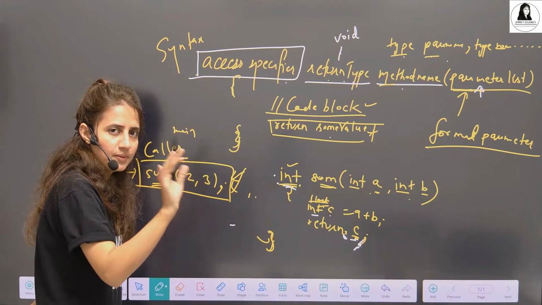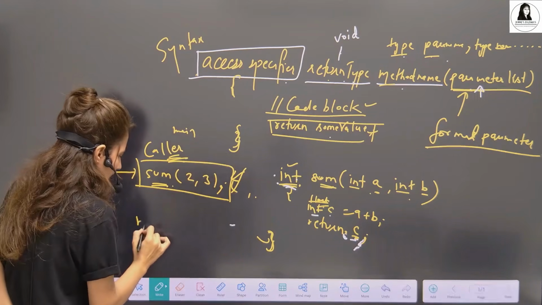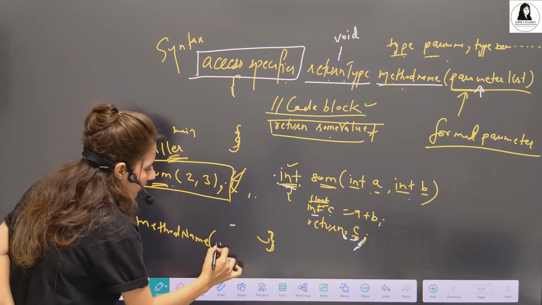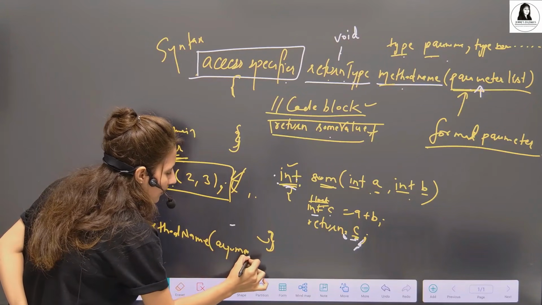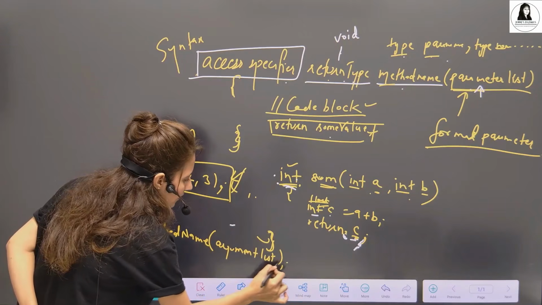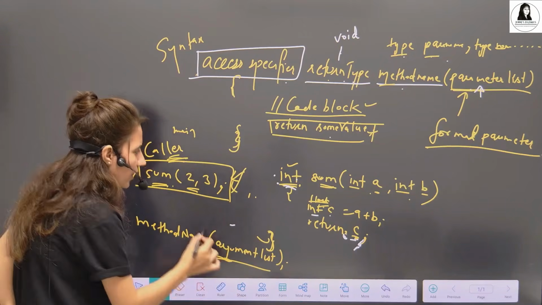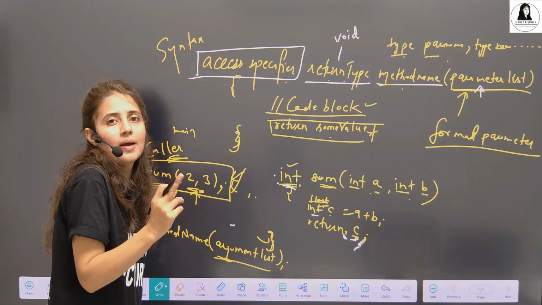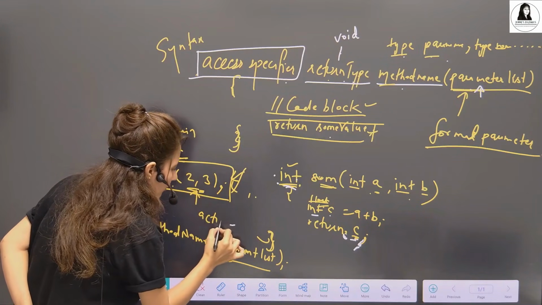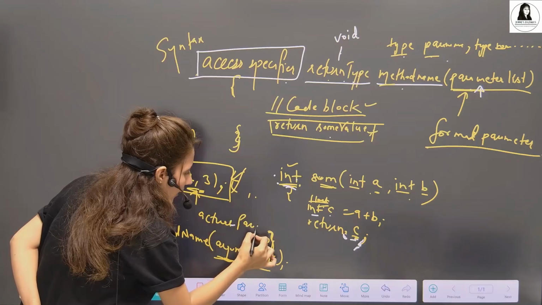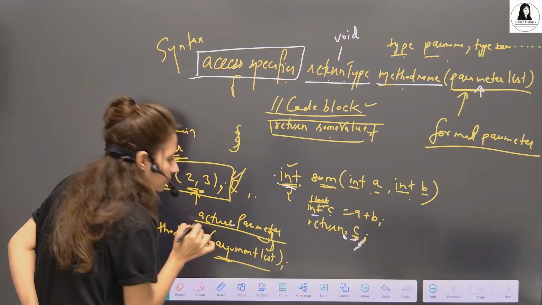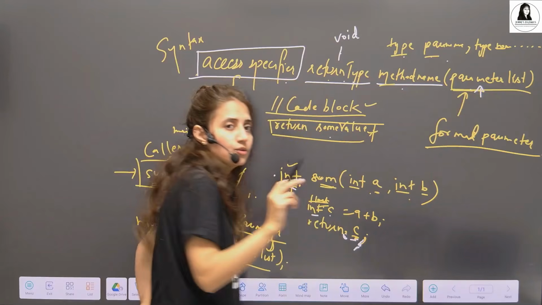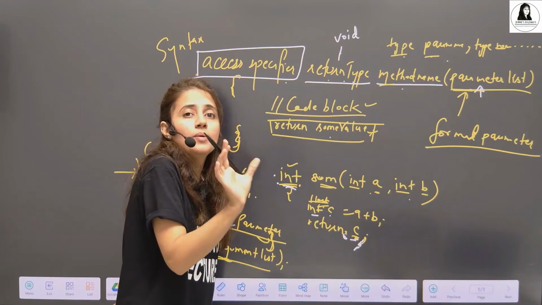Okay, so the calling syntax is, if you want to write it, the method name, then in brackets the argument list. These are known as arguments, or actual parameters. Whatever you pass at the time of calling is known as either arguments or actual parameters. These in the definition are known as simply parameters or formal parameters.